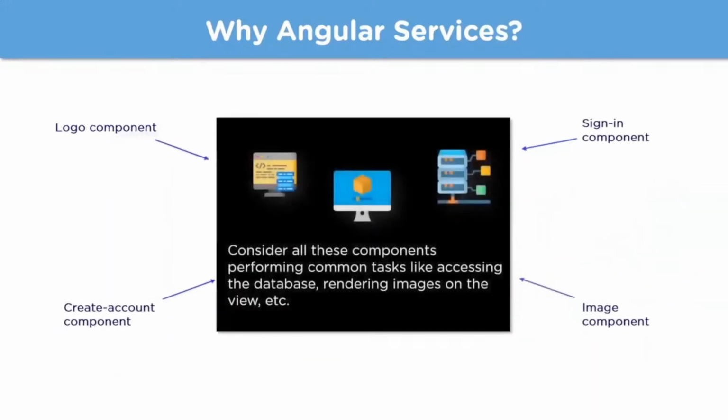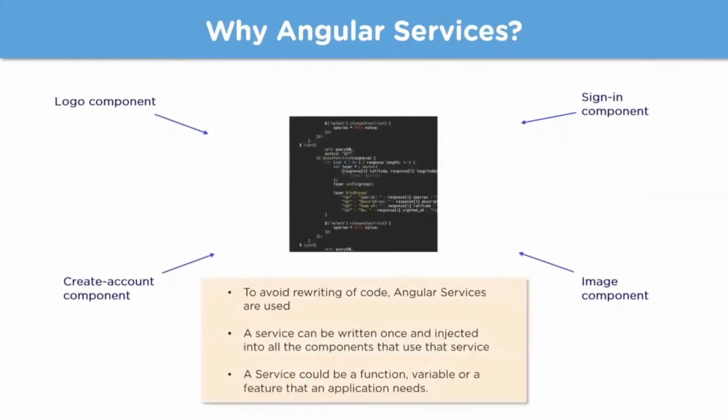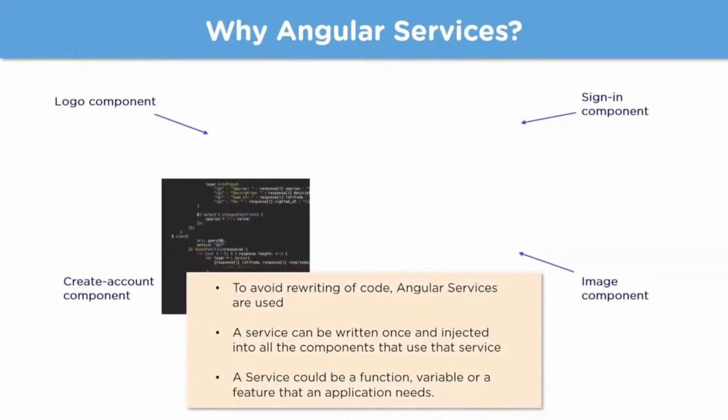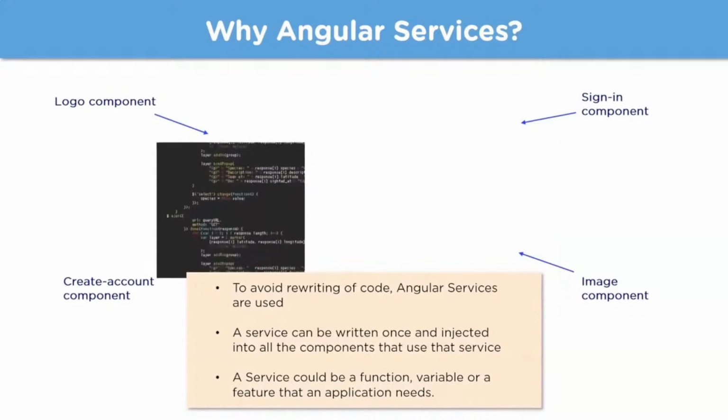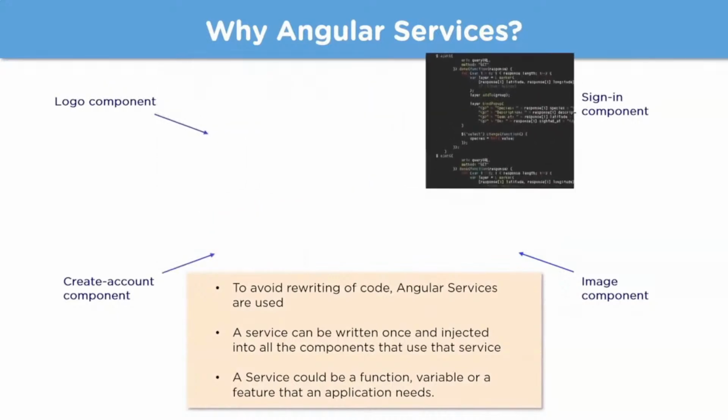Now imagine if all of these components performed common tasks, for example, accessing the database or rendering images on the view, tasks like those. Now instead of having to write the code for every component, you can just make use of Angular services. Now the service can be written once and then injected into all of these components.